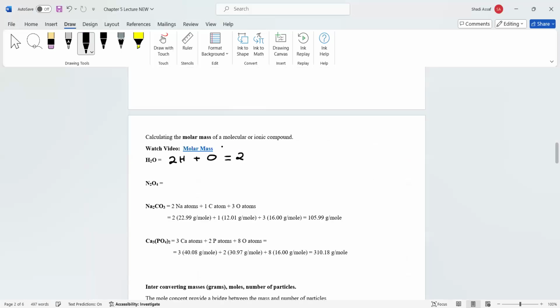So we have 2 times 1.01 grams per mole plus 16.